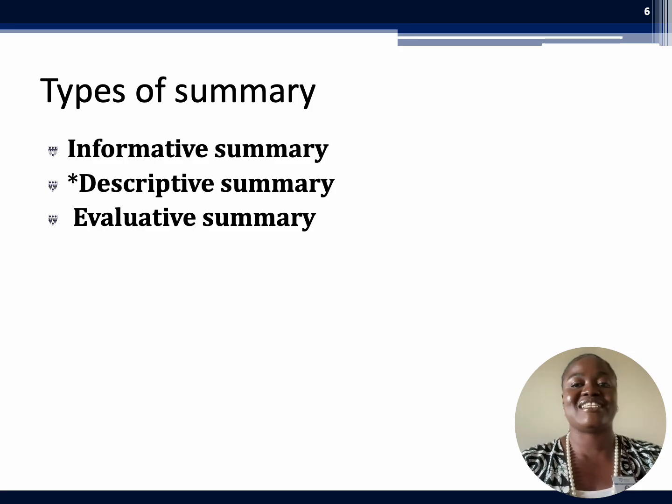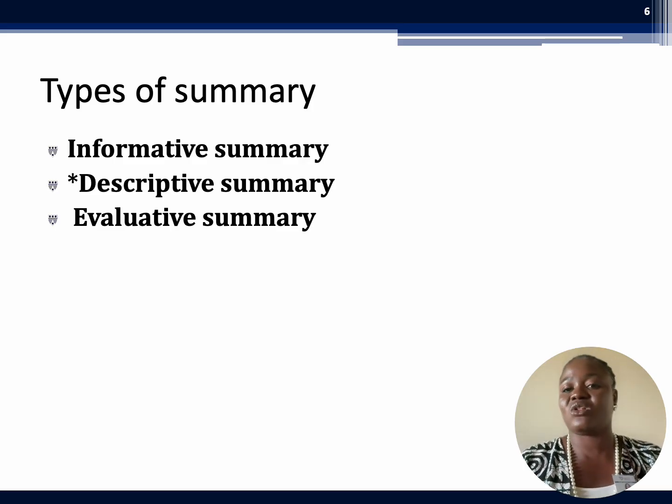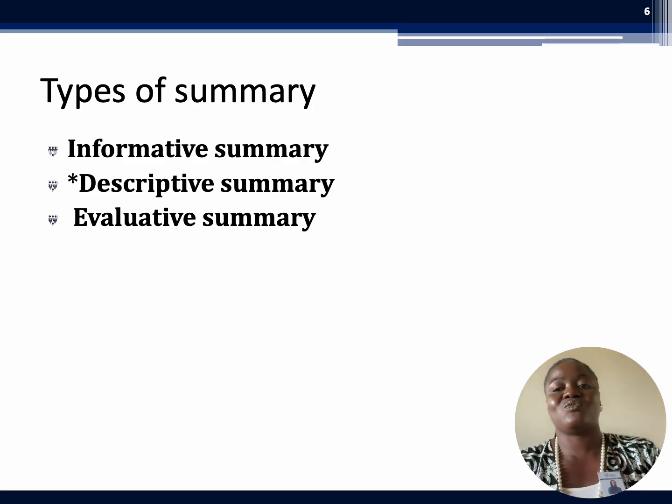So we have three types of summary: the informative, descriptive, and evaluative. These three types serve different purposes and different audiences. Each of these types requires different approaches and also includes different kinds of information. The way we've classified this is to help you understand that summary writing isn't a one-size-fits-all, right? The type of summary would depend on its intended use.